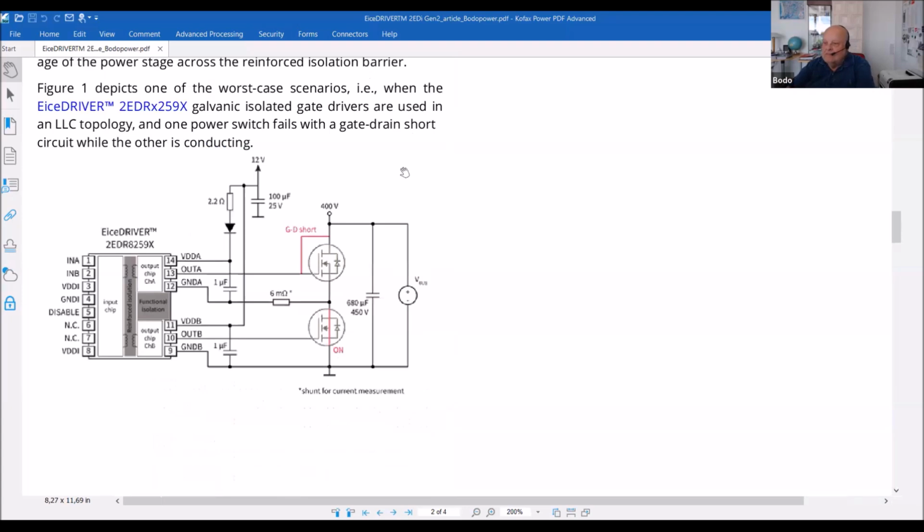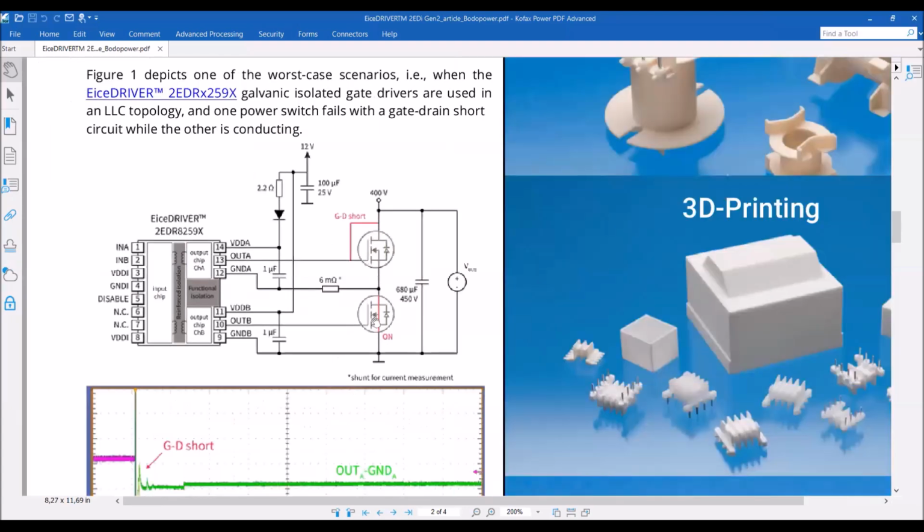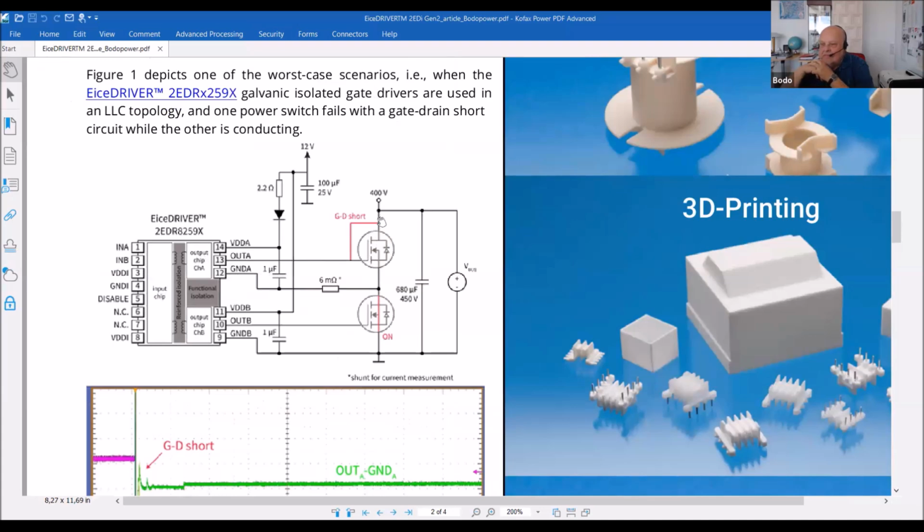So if we think about a half bridge, and then we have the gate driver with the two output stages. Imagine in a worst case situation, what could happen if the drain of the MOSFET gets connected to the gate for some very special reason?